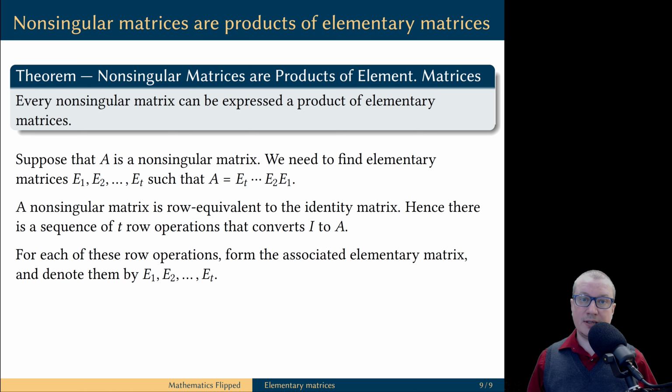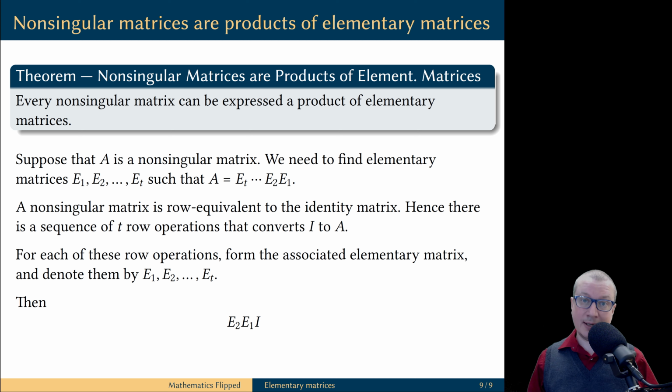So we take this sequence of row operations that transforms I into A, and we write the corresponding elementary matrices. Then let's start with the identity matrix and apply the first row operation in the sequence of operations that transforms the identity into the matrix A. We just established that performing this row operation is the same as multiplying on the left by the corresponding elementary matrix.